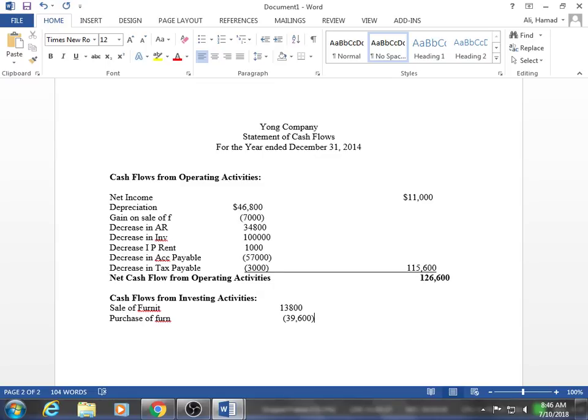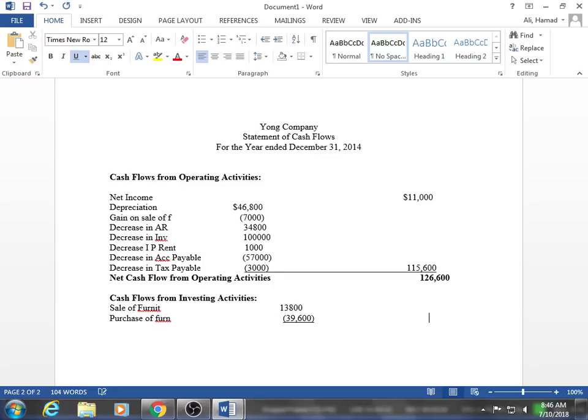Positive 13,800 and negative 39,600, and that gives us what? 39,600 minus 13,800, negative 25,800.